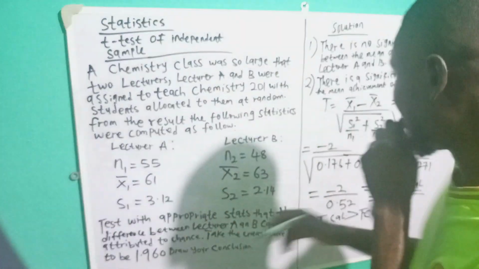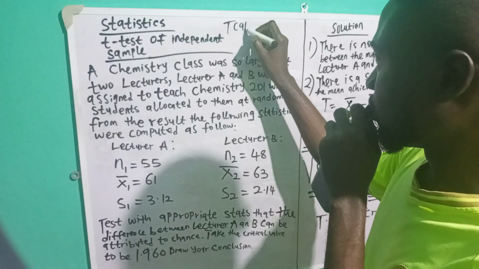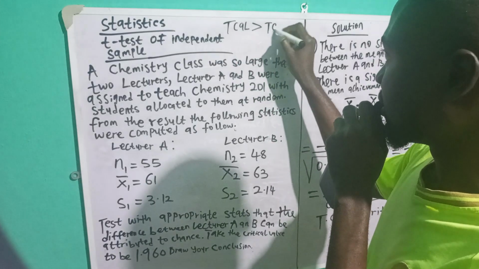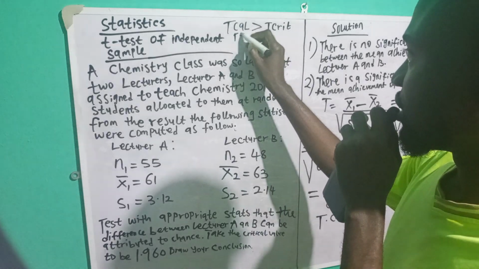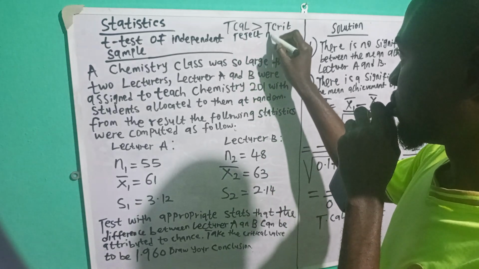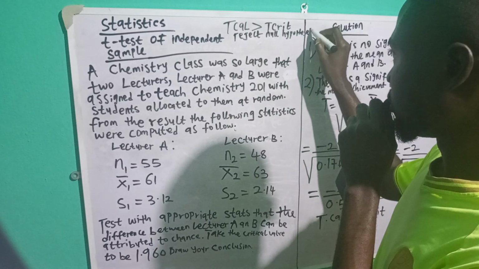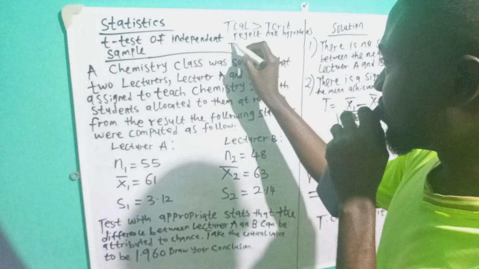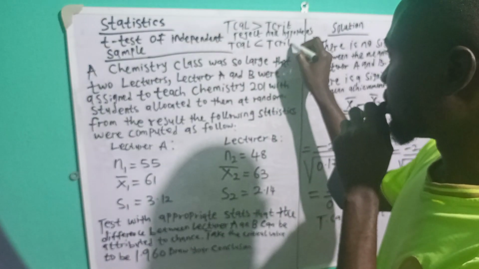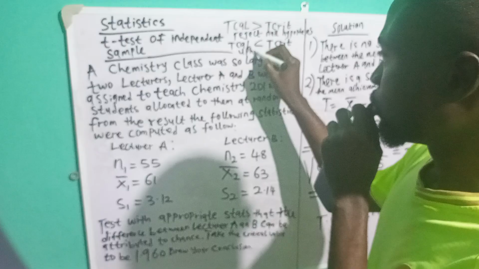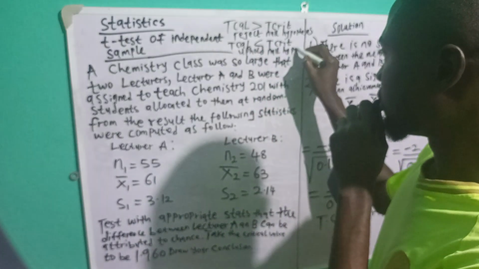The rule is, look at the rule: if t is greater than t critical, you reject the null hypothesis. But if t is less than t critical, you uphold the null hypothesis.